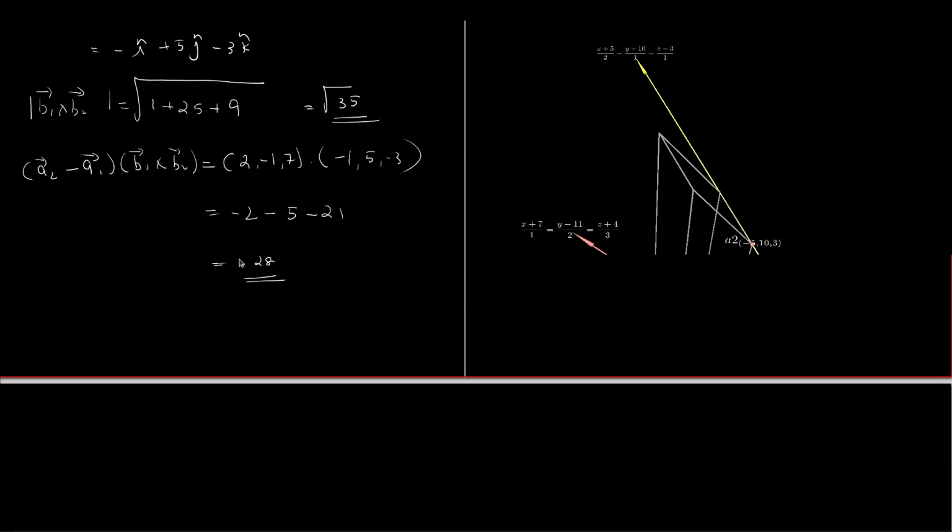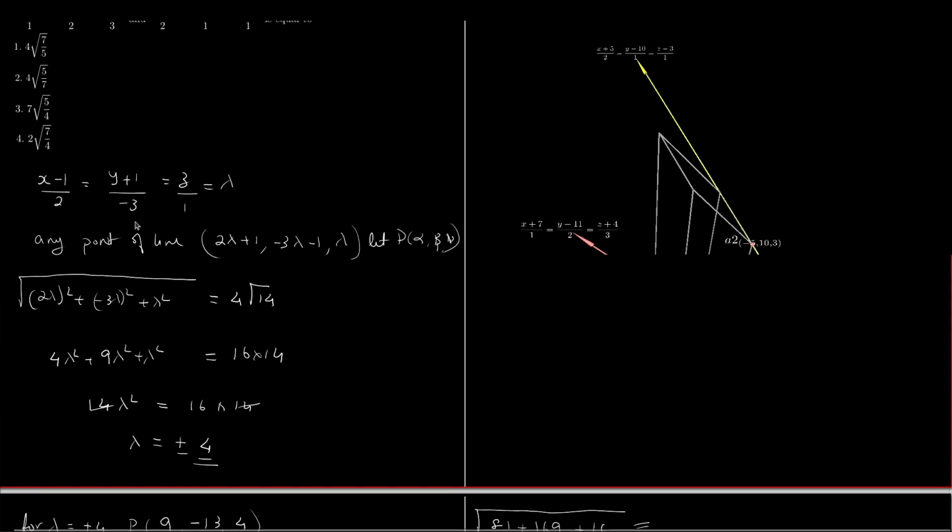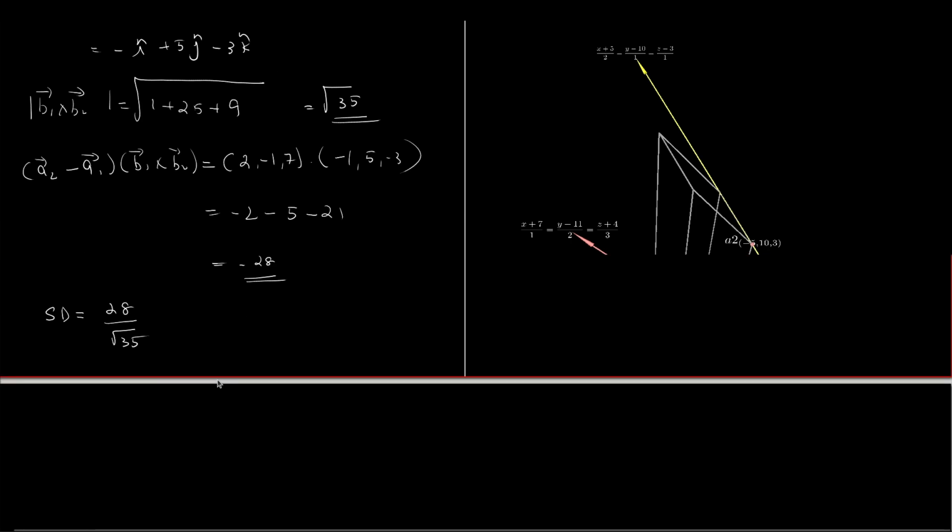So the shortest distance will be minus 28. We'll take the magnitude only, 28 by root of 35. We'll come back to the question. 28 by root of 35 is not in the options. We'll try to figure out some value. 28 is 7 into 4, and here it is root of 7 into 5.